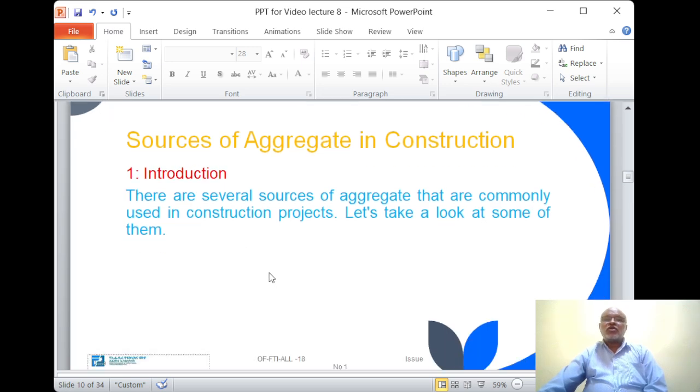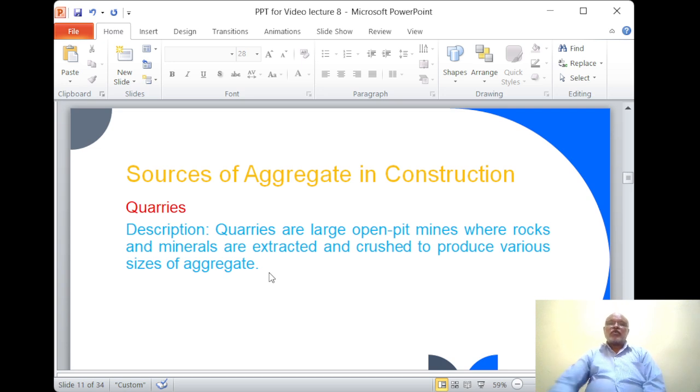The first one is quarry. Quarries are perhaps the most common source of aggregates, and they are large open pits, mines where rocks and minerals are extracted and crushed to produce various types of aggregates.